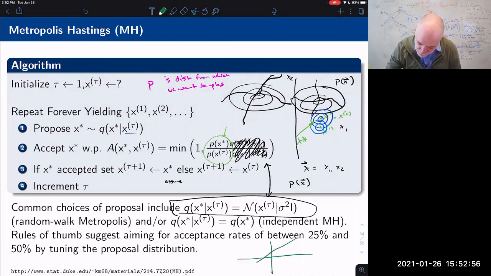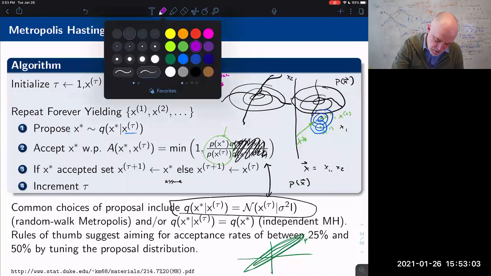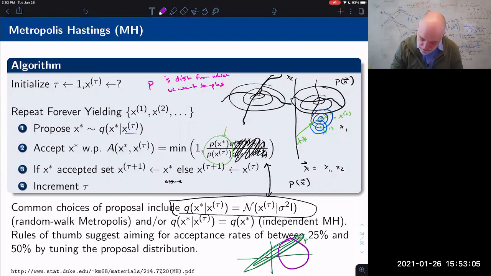If you have some incredibly tightly peaked P and your proposal distribution is symmetric, or rather, let's assume that you're on the density, then a lot of your proposals will be off the density. So we need good proposal distributions that are well tuned to the underlying density in some way.